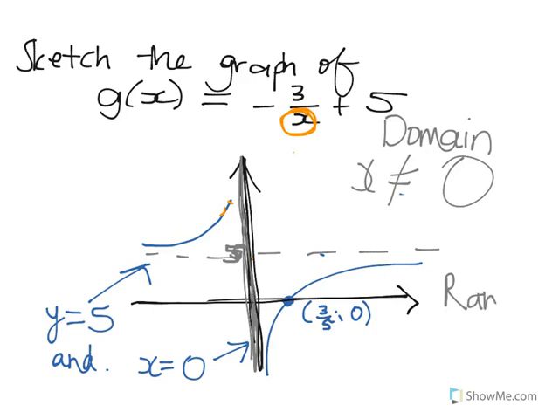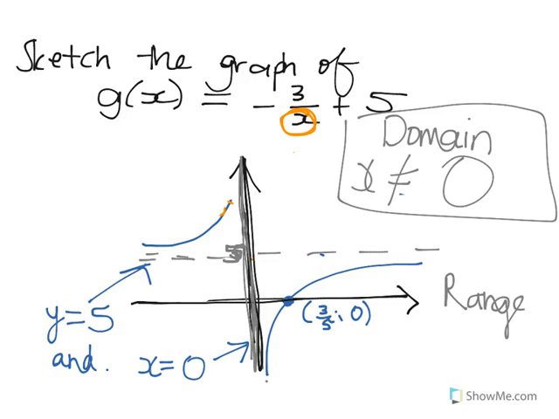And then likewise, you might be asked about range. If you look at this function, again, there's a whole range of outputs, but there's one output in particular that this function will never produce, and that is 5. So remember how this asymptote means that the outputs are getting closer and closer to 5, but they're never actually going to be 5.